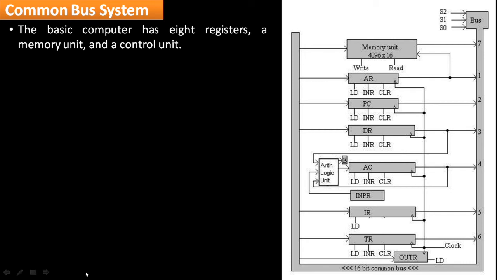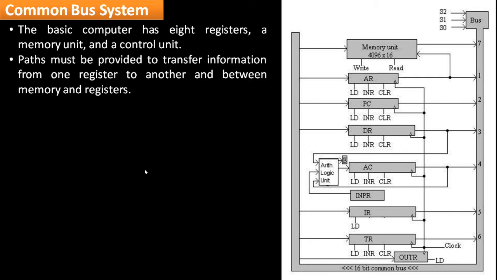The bus system being used here is shared by all the registers one by one whenever it is read. Here our hypothetical computer has 8 registers, a memory unit and a control unit.